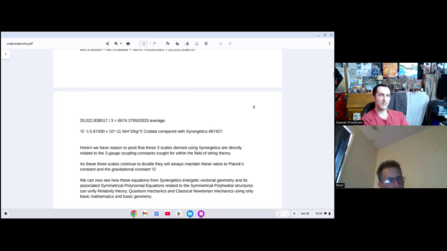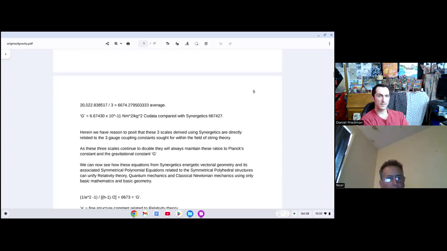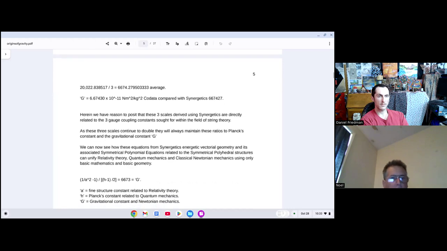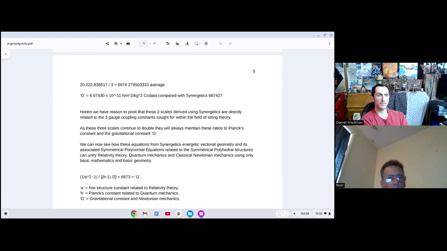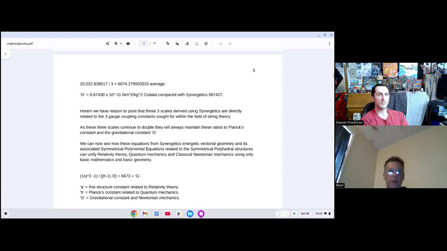Does that make sense, kind of? So what we're thinking here then is that, and I might as well say so, here I have reason to believe that the three scales derived from synergetics are directly related to three gauge coupling constants, which are sought for within the string theories field. As these three scales continue to double, they'll always maintain these ratios to Planck's constant as it continues to double and the gravitational constant as constant.